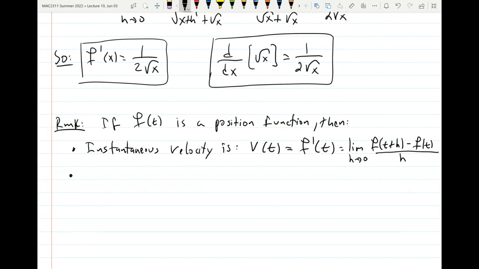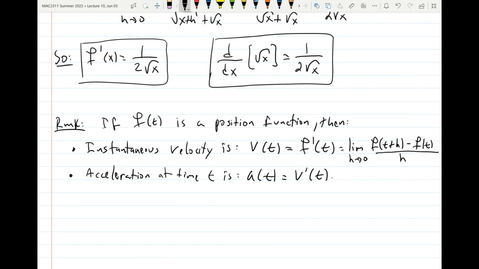So velocity is the derivative of the position function, and then the acceleration, is it 1c or 2c? No, 2c. So the acceleration, or instantaneous acceleration, at time t is a of t, and then we define this as the derivative of the velocity function, okay?